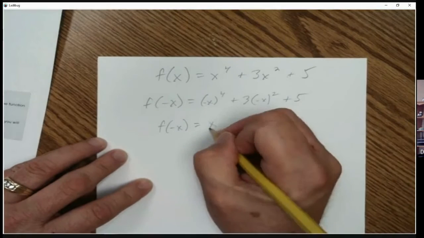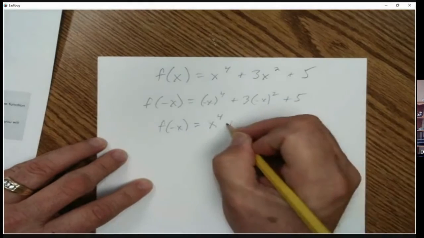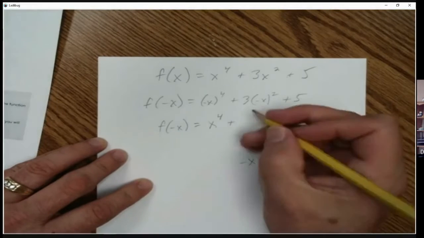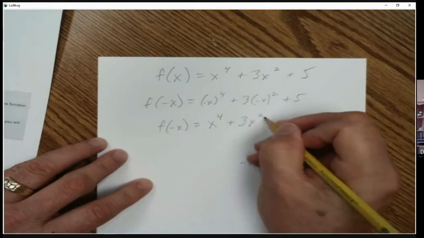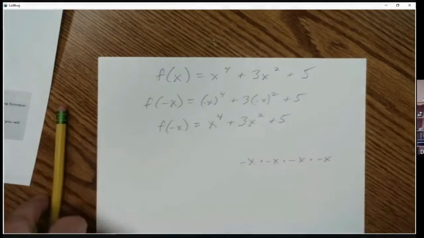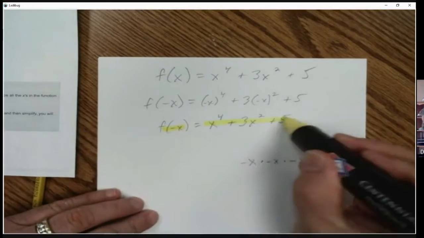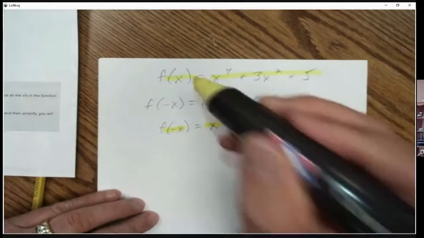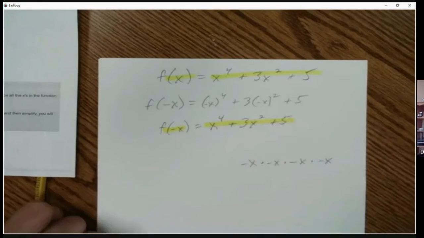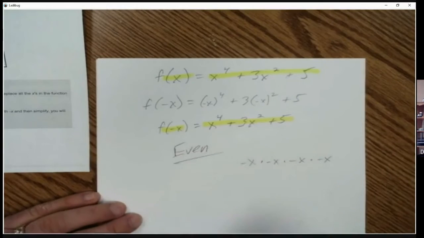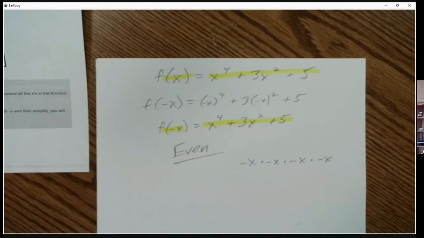So that equals x to the fourth plus 3 times negative x squared. Negative x times negative x is a positive x squared. So that's 3x squared plus 5. So when we look at that, with negative x, we ended up with exactly what we had with positive x. So that tells us that this is an even function right there.